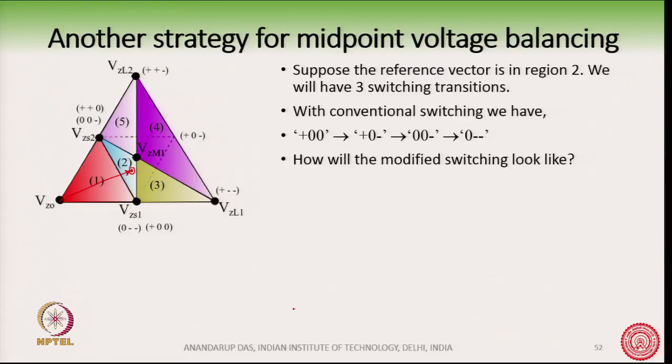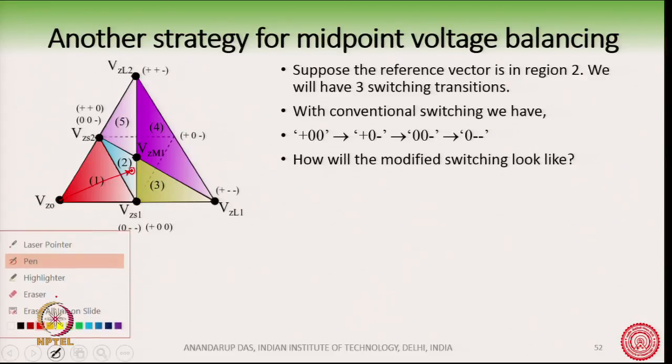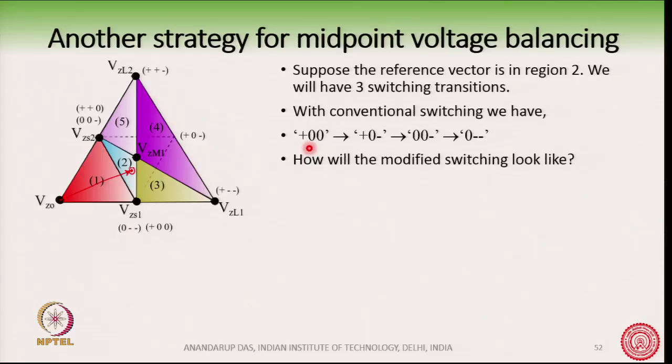If we had used conventional switching to realize this vector, what would we have done? For this one, you would have done say plus 0 0, plus 0 minus, then going to 0 0 minus, and again coming back to 0 minus minus.